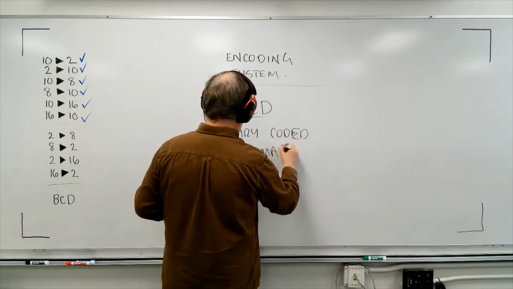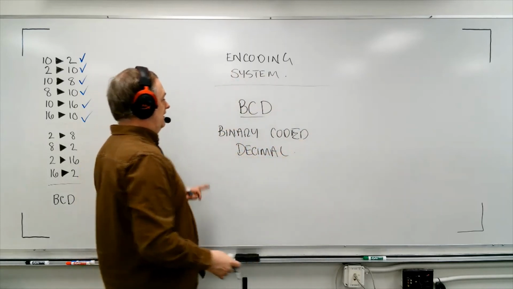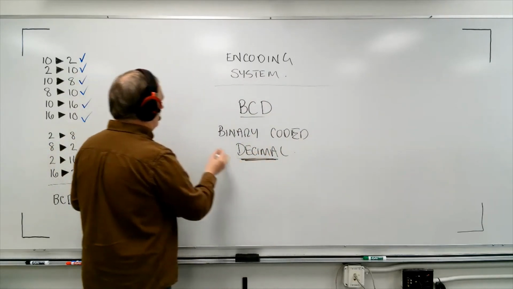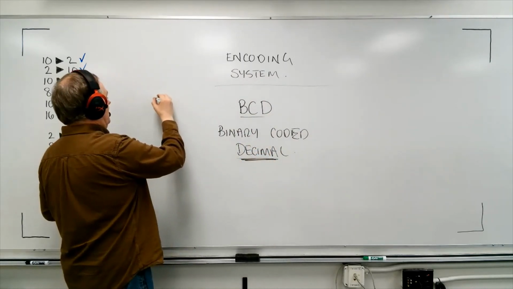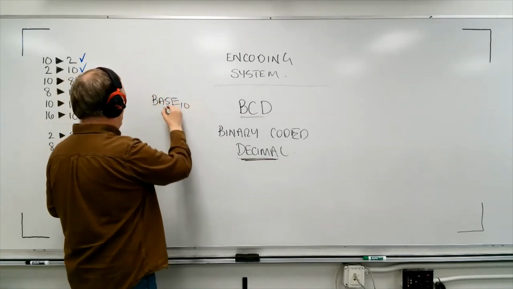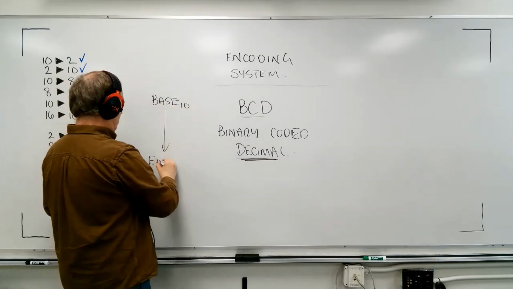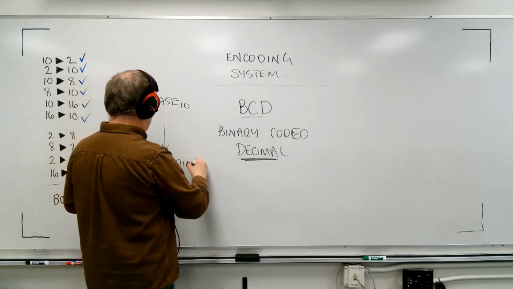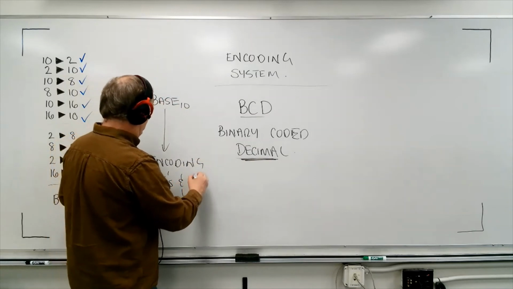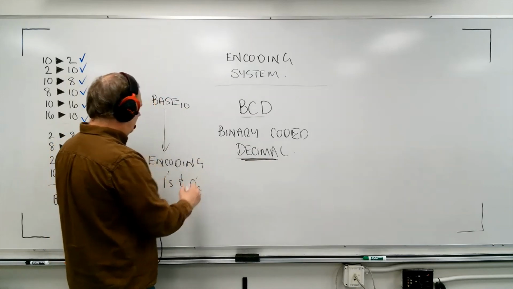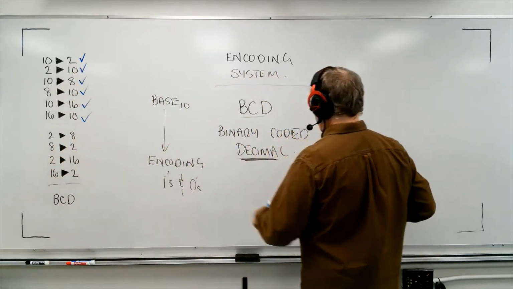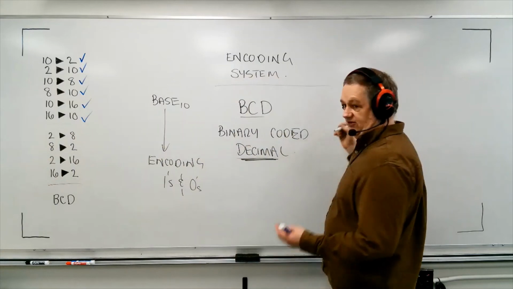This is a coding system that is very specific, it's right in the name. It's used for taking a base 10 number and encoding it into ones and zeros. But this is not the same as the binary number system. This is different.